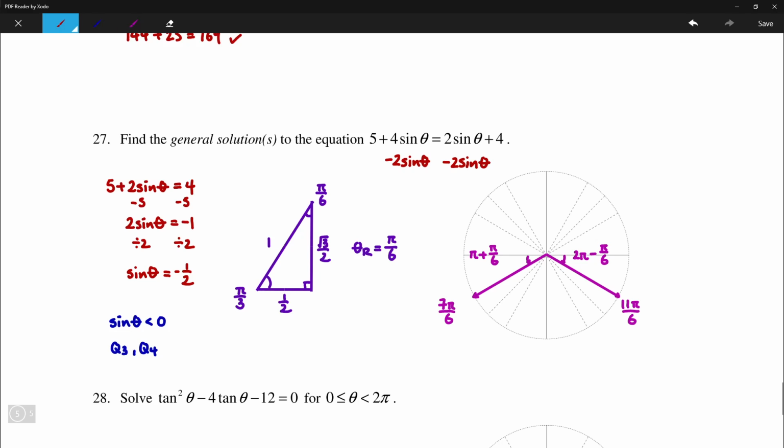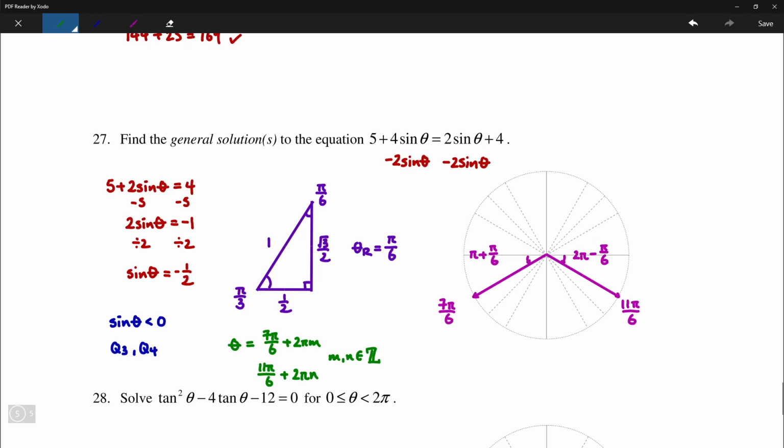So now we can put them together as general solutions. Theta equals 7 pi over 6 plus 2 pi n, and also 11 pi over 6 plus, maybe we should use different letters here, m and n. So m and n are integers.